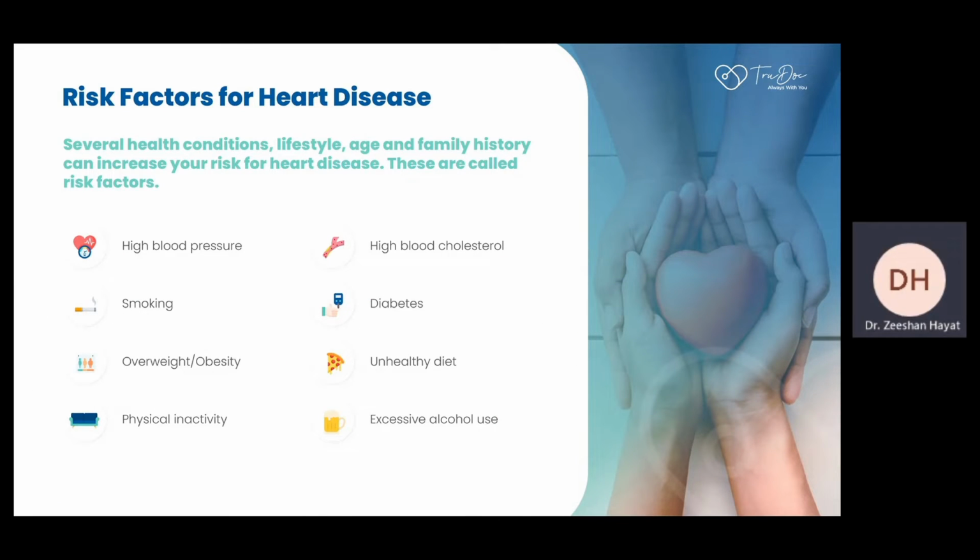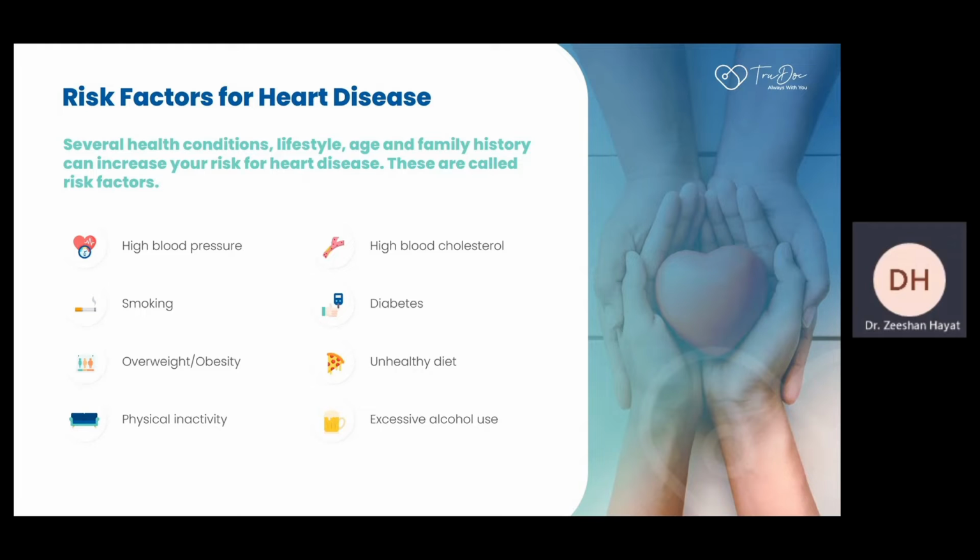I'm going to go over these one by one: high blood pressure, high cholesterol levels, smoking, diabetes, overweight, an unhealthy sedentary lifestyle, and excessive alcohol use. These are the risk factors we look at to say someone is prone to heart disease, plus family history.